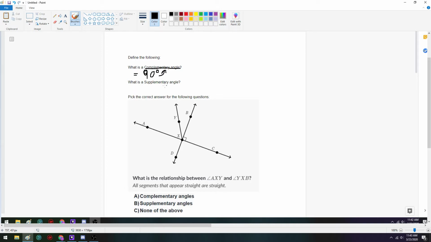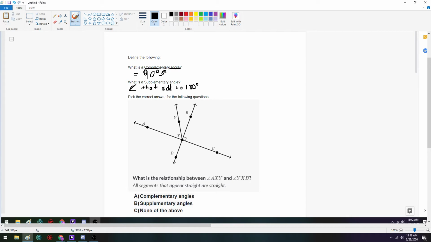Now what is a supplementary angle? Well, that's angles that add up to 180 degrees.